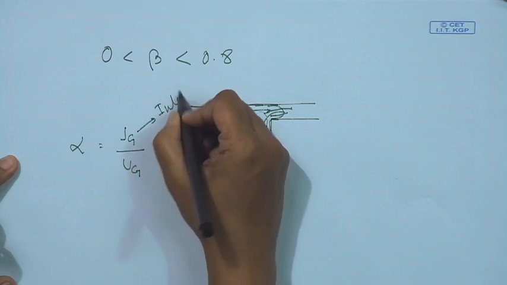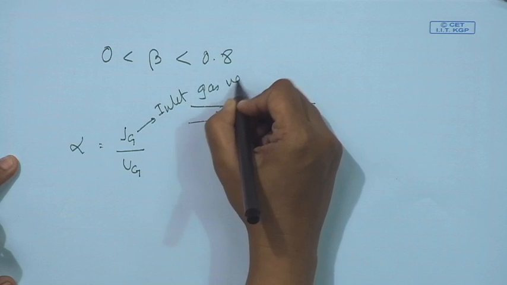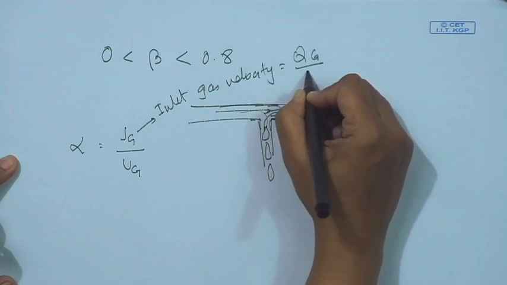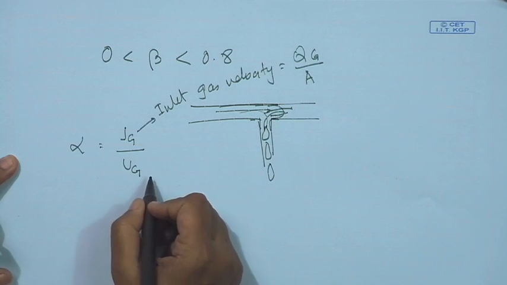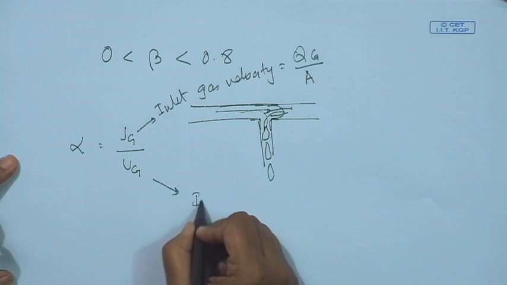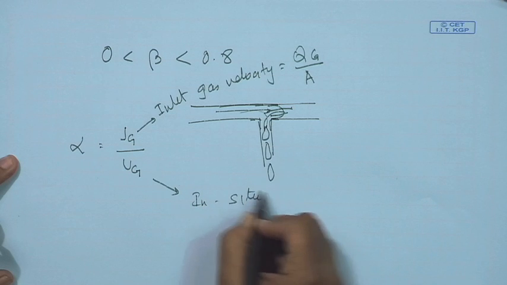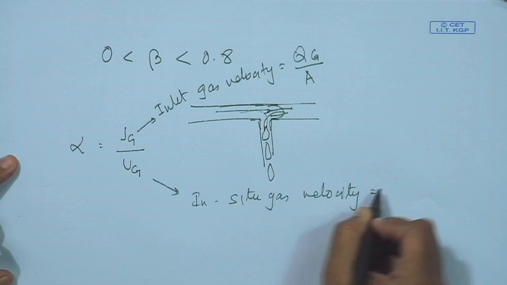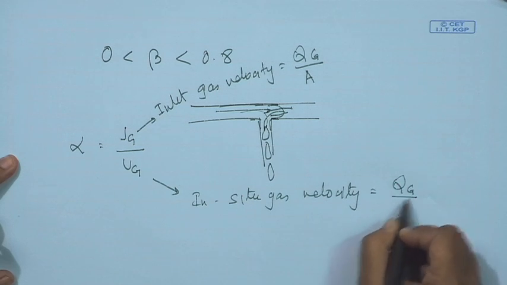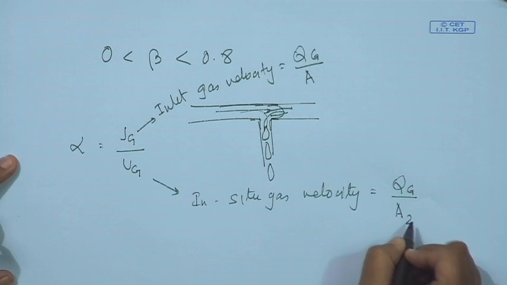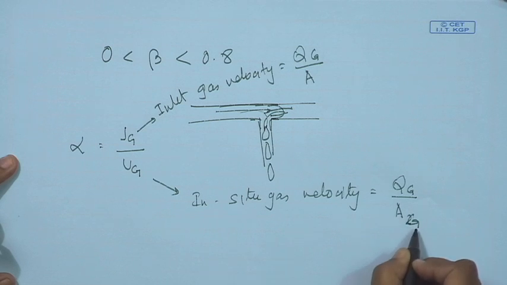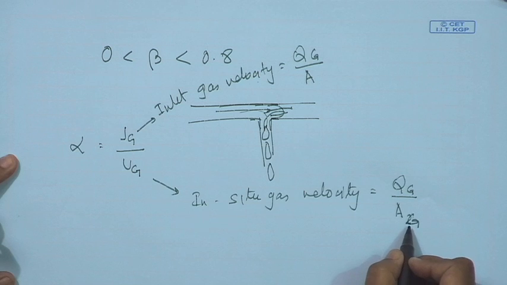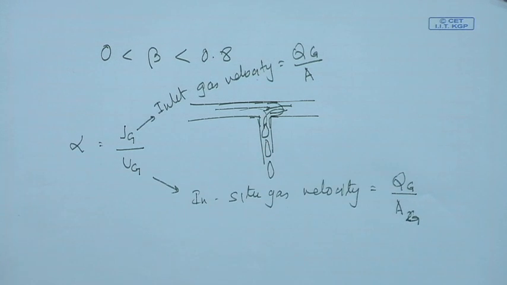The inlet gas velocity is the volumetric flow rate QG divided by the conduit cross sectional area, and the in situ gas velocity is the volumetric flow rate divided by AG, the cross sectional area which the gas occupies when it is flowing along with the liquid in the conduit, right.